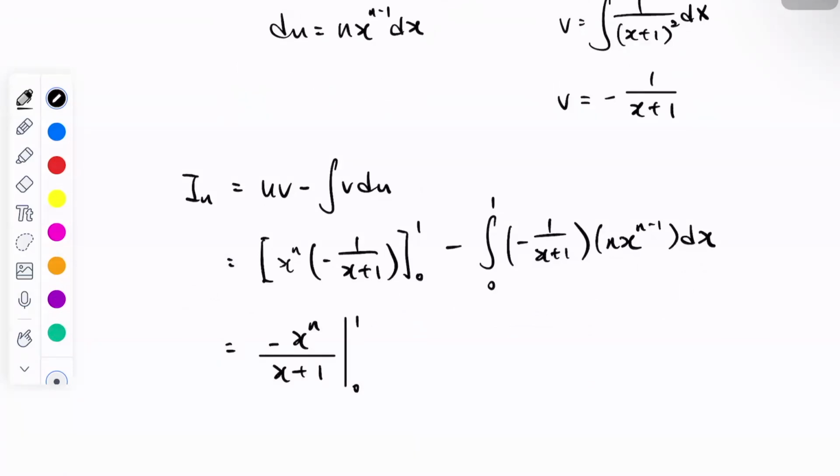For the second part, negative times negative is positive, and we take out the n as a constant, and then the integral from 0 to 1 of x^(n minus 1) over (x plus 1) dx.